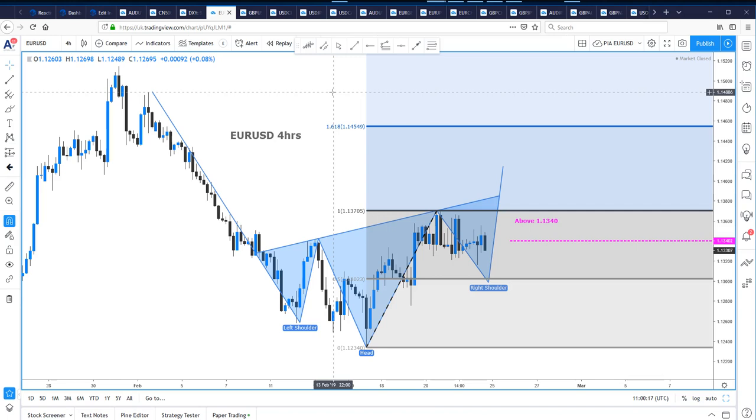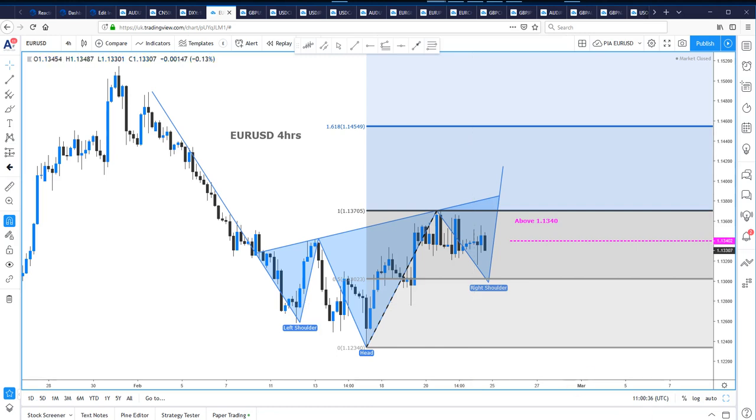Euro dollar, we believe that we're forming a reverse head and shoulders pattern, so left shoulder, head, right shoulder. However, we have to see price action close on Monday above 1.1340.